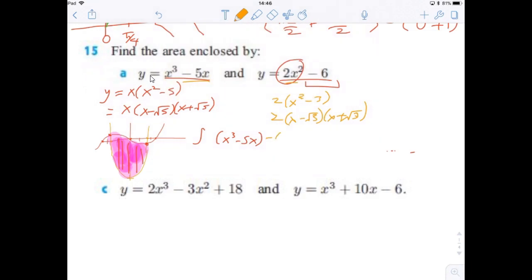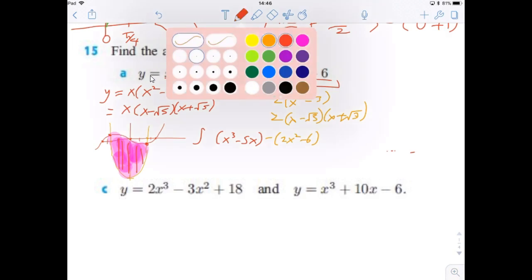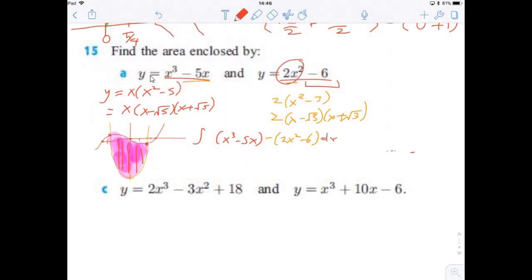So that would be minus 2x squared minus 6. And then it would be in terms of x, because we sliced it in the y direction. And then we just need to figure out the limits of integration.